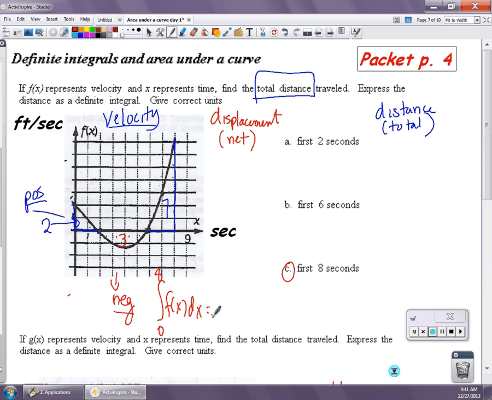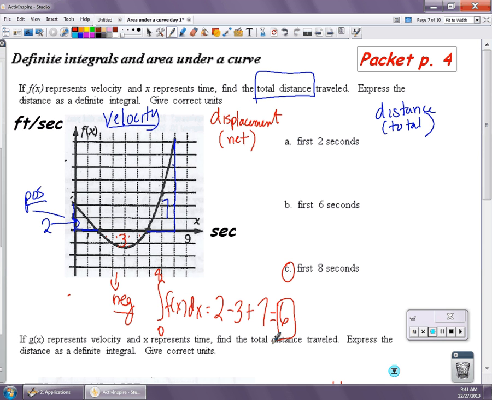So that would be 2, which is positive, minus 3, because that area below is negative, plus 7 above, that's positive. So that gives me a total of 7 plus 2 is 9, 9 minus 3 is 6. So the displacement of my particle is 6.